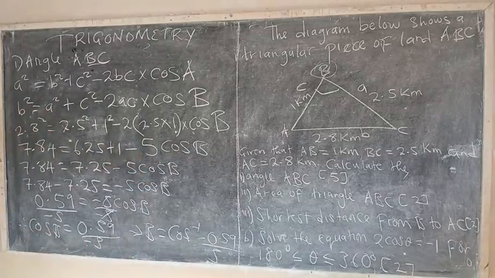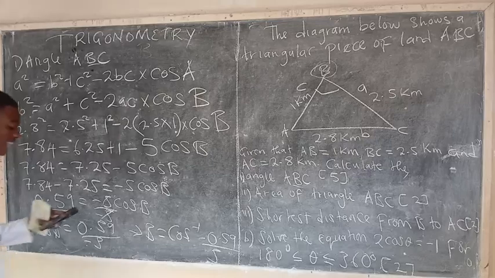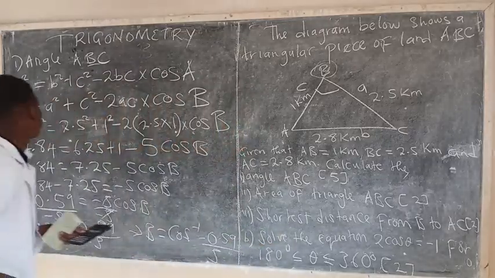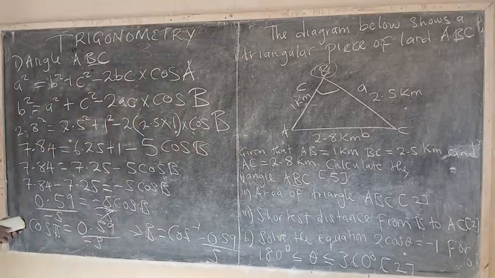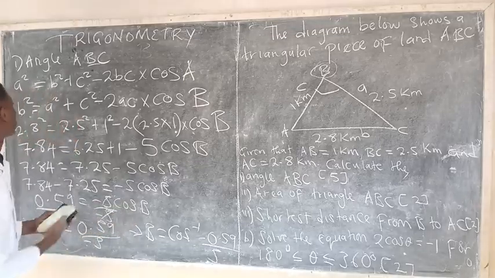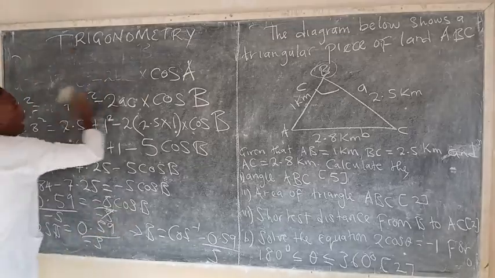When we find the cos inverse of this, we will have 96.78 degrees. So our angle at that point is equal to 96.78. So that is our angle.